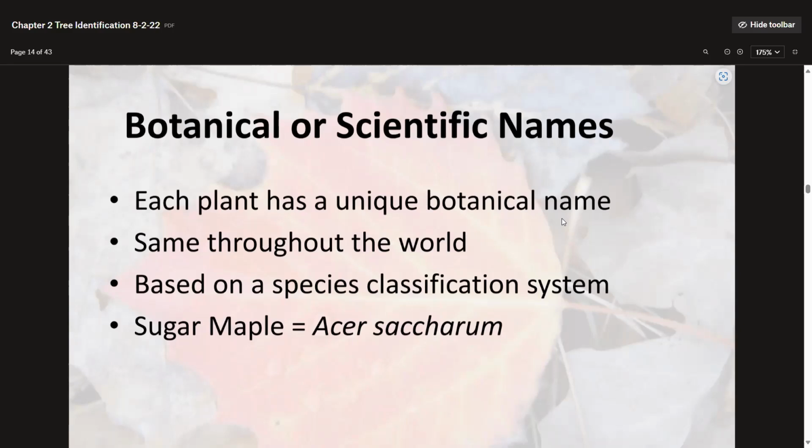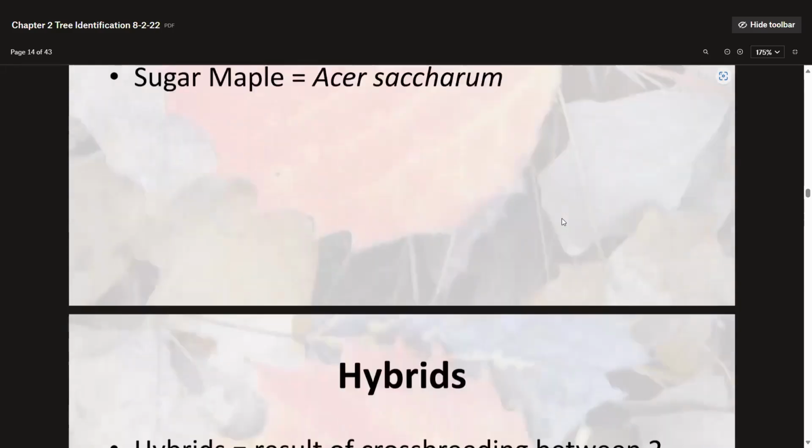It's an Acer saccharum wherever you go in the world, which is kind of cool, right? German arborists are calling this tree an Acer saccharum. Spanish arborists are calling this tree an Acer saccharum. And wherever you go, it's an Acer saccharum. Period. Right? So you don't have to get confused about what they may call that sugar maple over in their own country. All right. That's kind of cool.